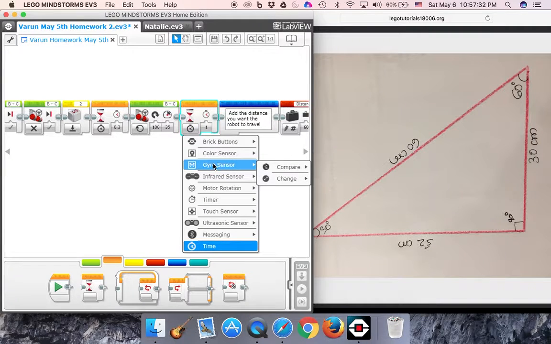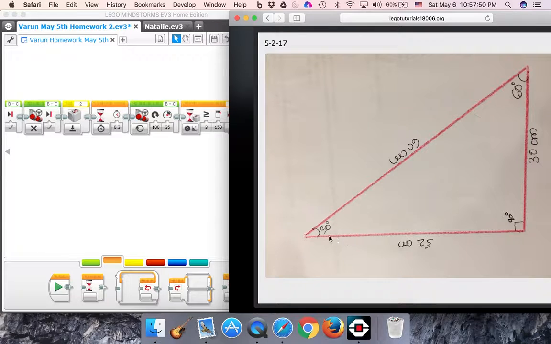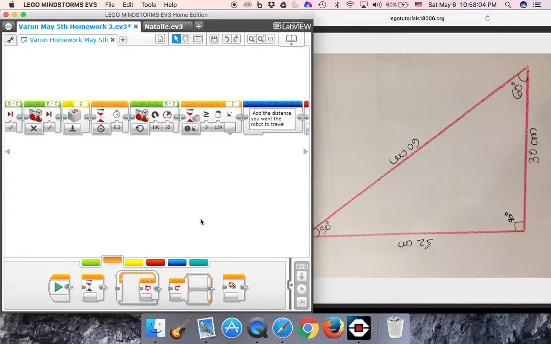So gyro compare angle, and this is less than, so you have to do more than or equal to 150, which will give you an inner angle. So think about this, there's a line, the robot is moving from here, it is moving here, so this angle will be 150 and this will be 30, so it will create an inner angle of 30.